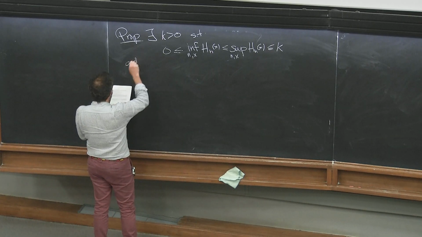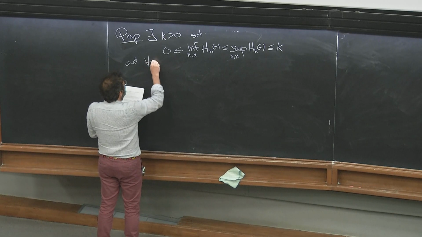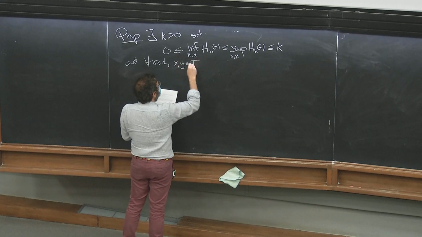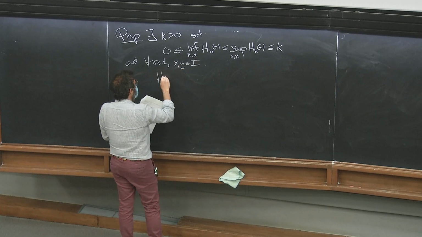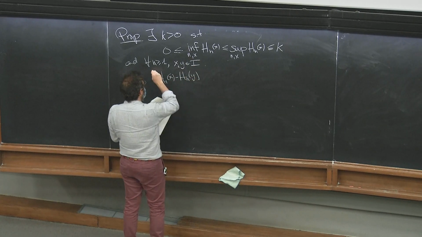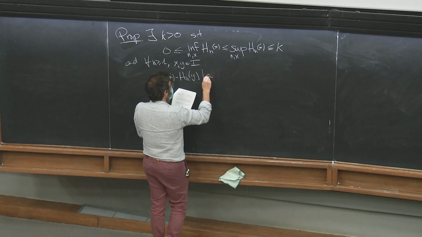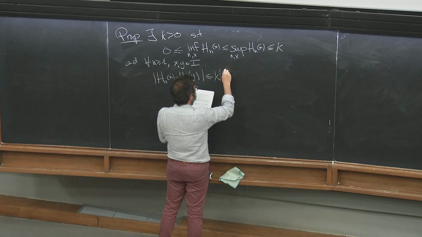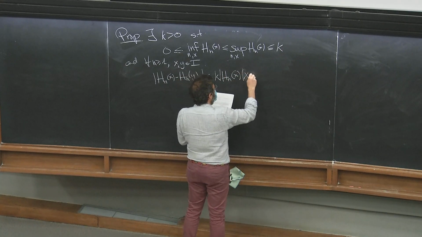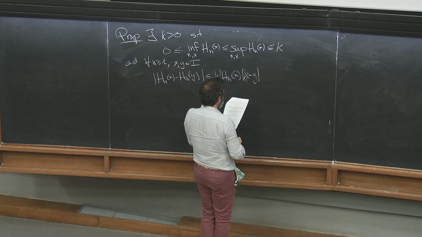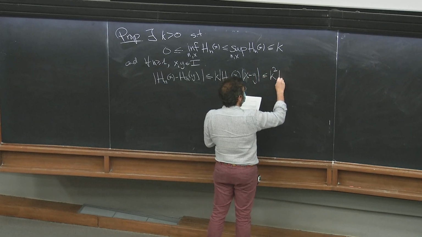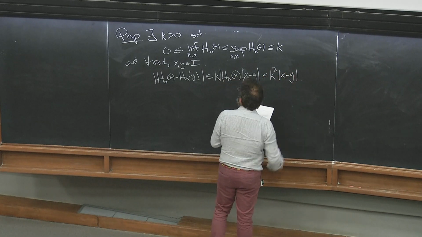And for all n and x, y in the interval I, we have that the absolute value of Hn of x minus Hn of y is less than or equal to this constant times the distance between x and y, which in particular is therefore less than or equal to k squared times the distance between x and y.